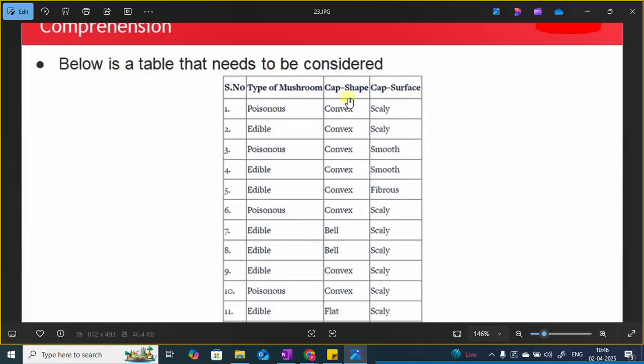Initially, I'm taking care of only cap shape, then finding out the type of mushroom, poisonous or edible. But here, I'm taking a combination of both cap shape and cap surface. That may be convex scaly, convex smooth, or bell scaly, bell smooth, or convex fibrous, bell fibrous, whatever. All the permutations and combinations I'm taking there.